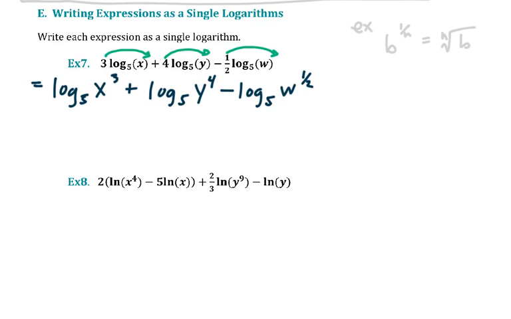So I have a product rule in here, which lets me smush those first two logs together because we have a plus sign in there. I'm going to use my product rule, and that's going to become the log of x cubed times y to the 4th.